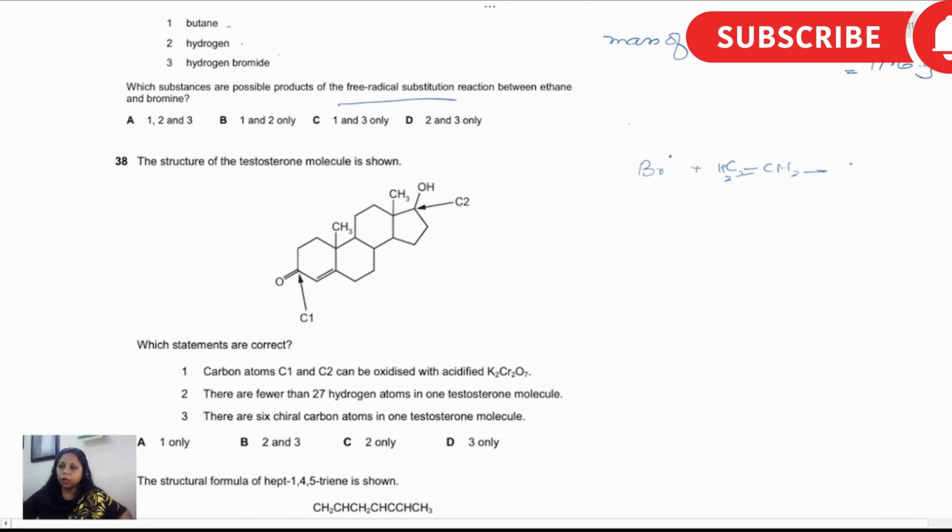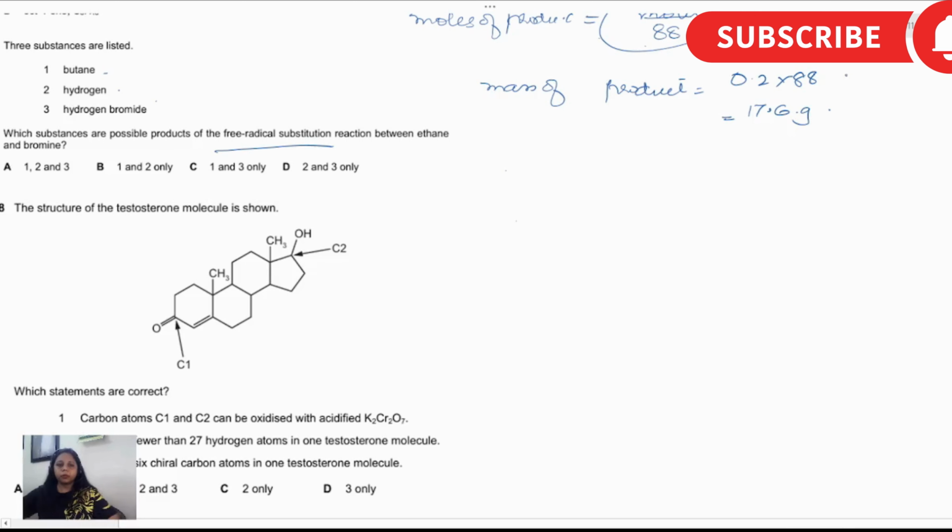So first of all it becomes, sorry, ethane, my bad, it's a single bond. When it reacts with this one, it will form CH3 and CH2 with Br. Okay, and then there is release of HBr.